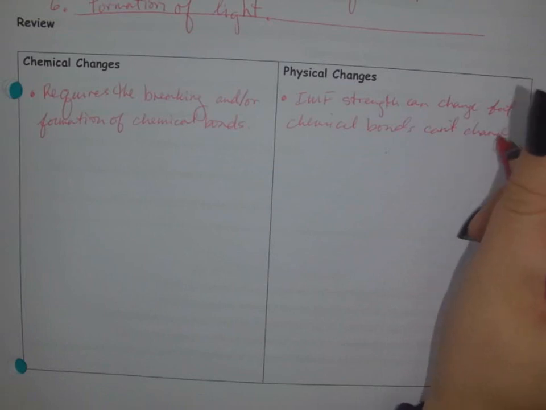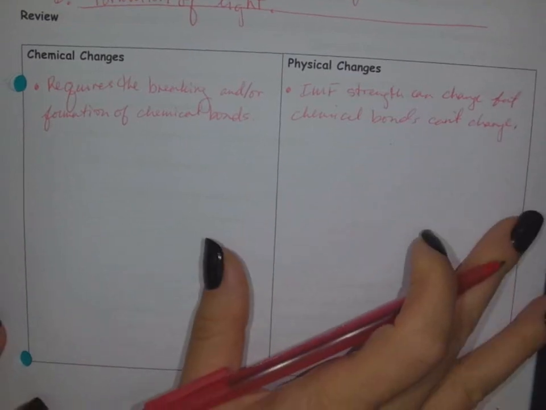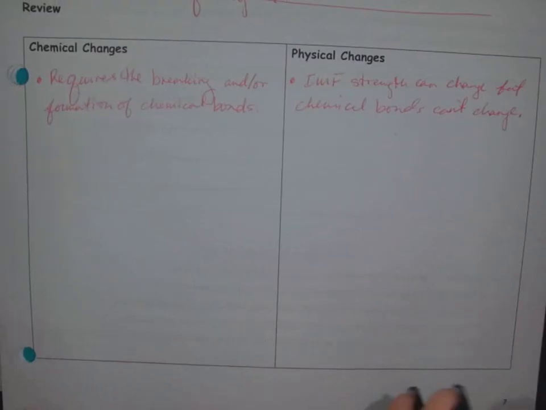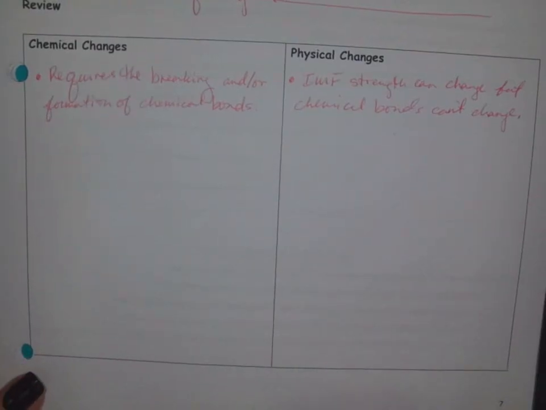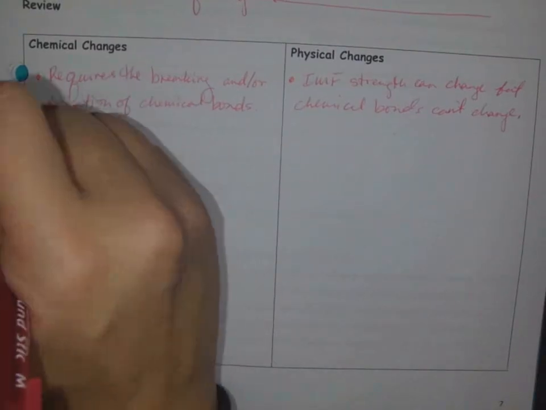Chemical bonds cannot change, okay? So what would this look like as far as a formula goes? Like a chemical change, here's an example.